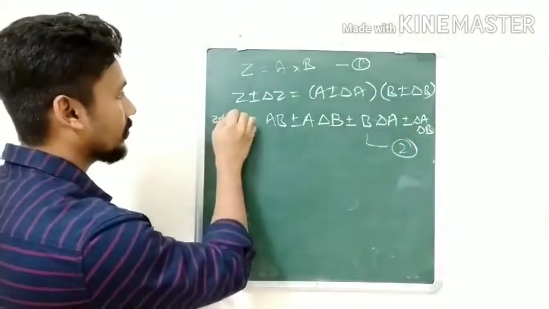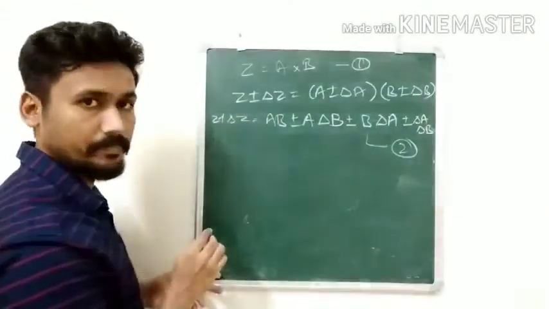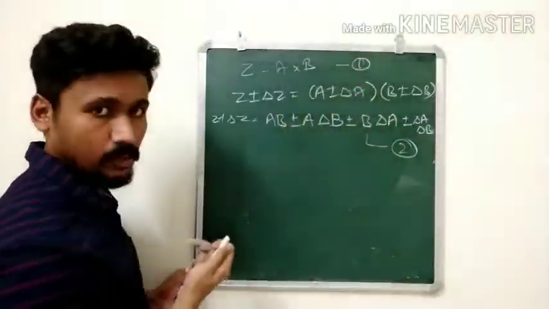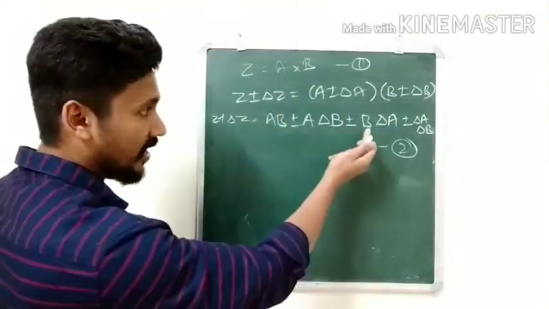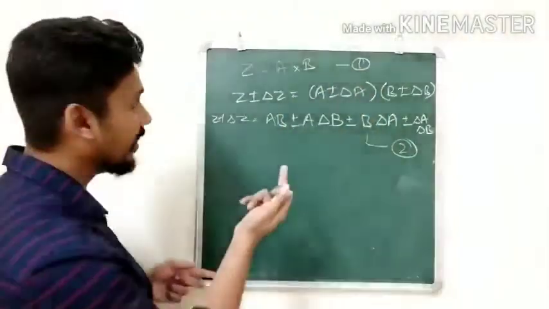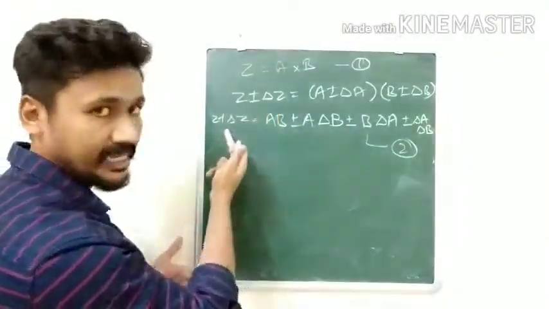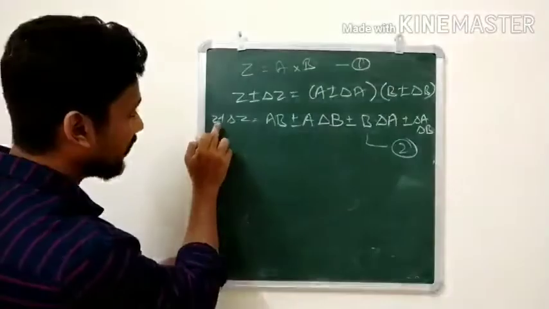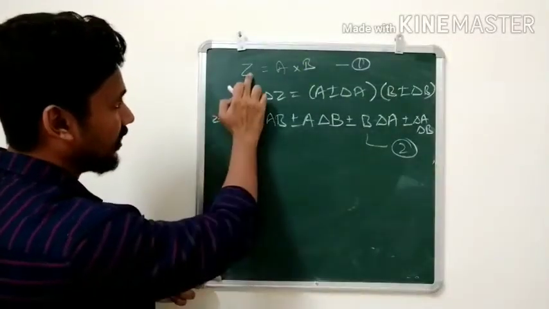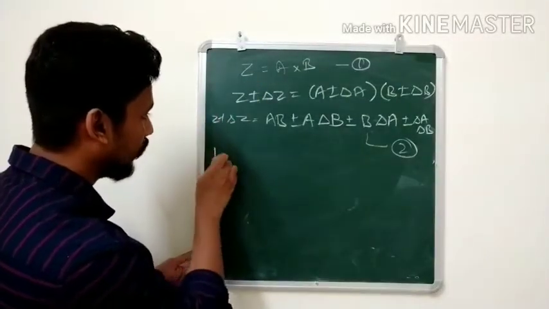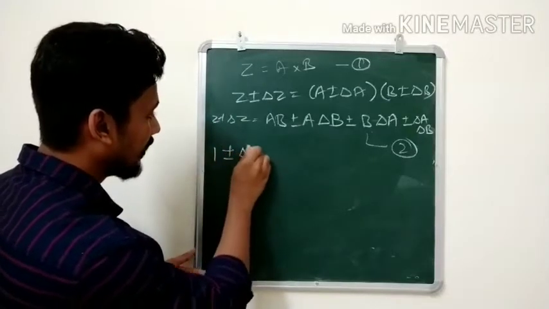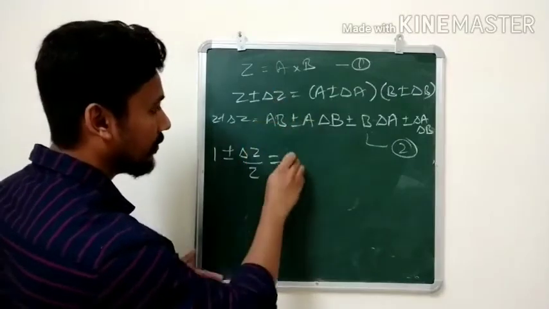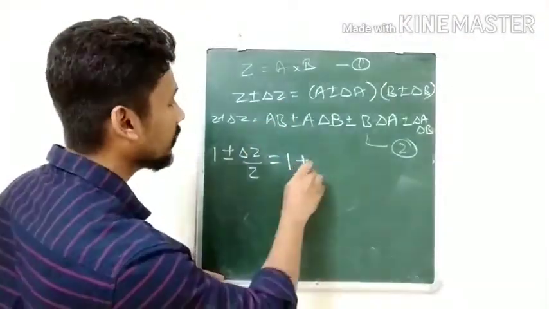So Z plus or minus delta Z. Now what we will do, we will divide equation 2 by equation 1. When we divide, the LHS is divided by the LHS, RHS is divided by the RHS. So here we will get Z plus or minus delta Z upon Z. So this will become 1 plus or minus delta Z upon Z. This will be equal to AB by AB, which is 1, then plus or minus.